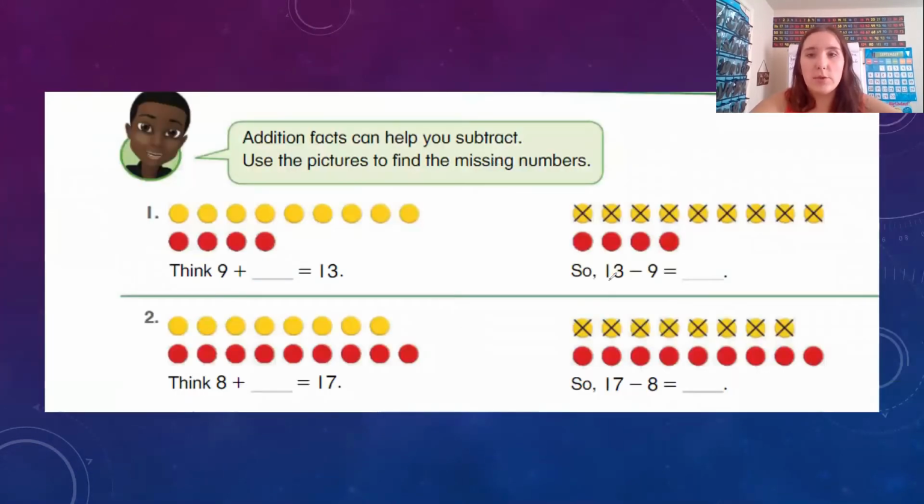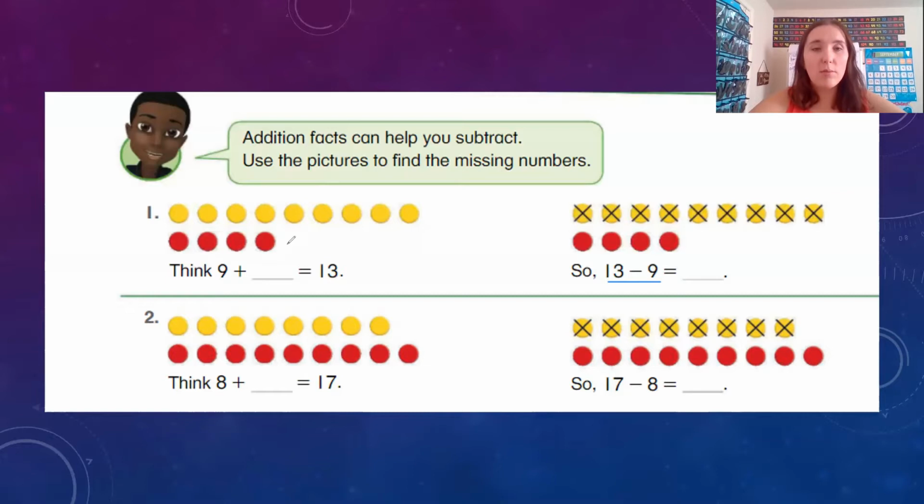We are doing the subtraction problem 13 minus 9. If we start with 9 yellow counters, then we can add red counters until we get to 13. So we start with 9 and then we go 10, 11, 12, 13. We added on 4 red counters. Now we have a total of 13 counters.